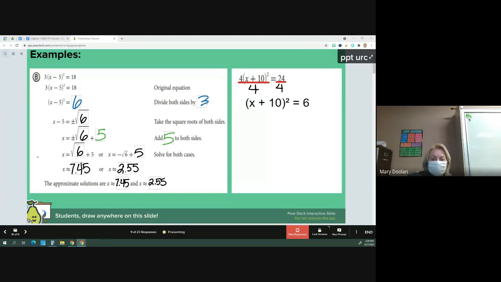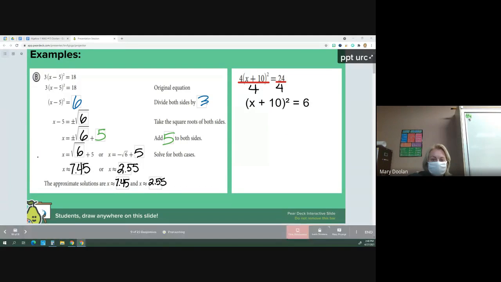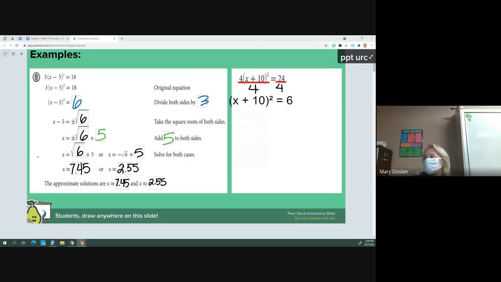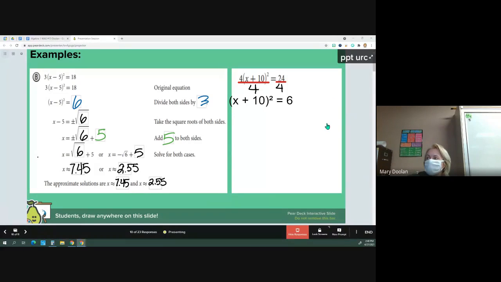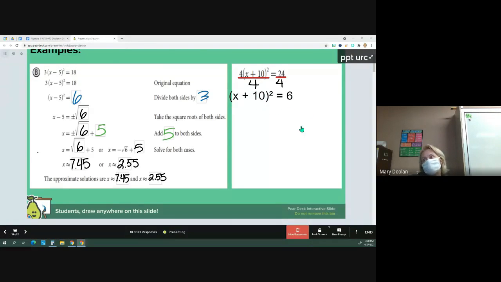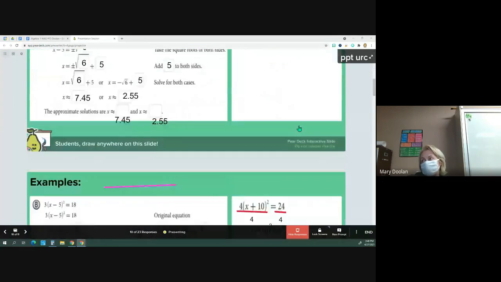What are we going to do next? Do we subtract 10 from both sides next, or do we take the square root of both sides next? What should we do next?